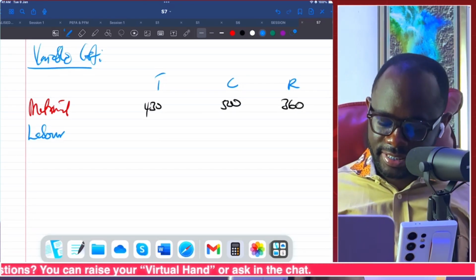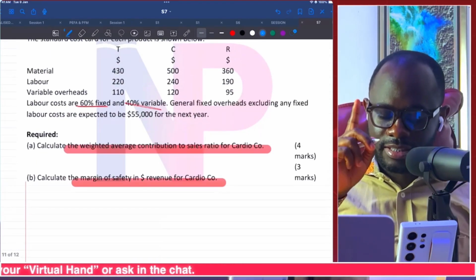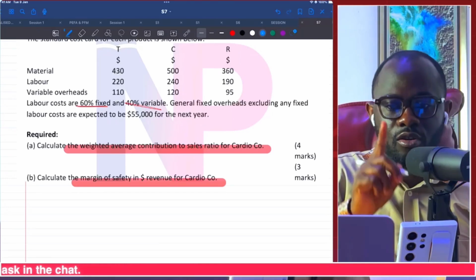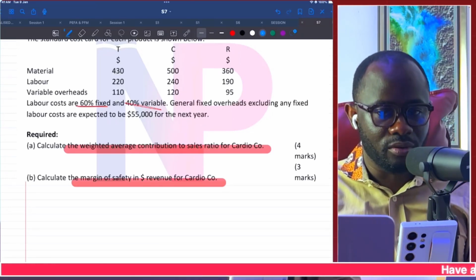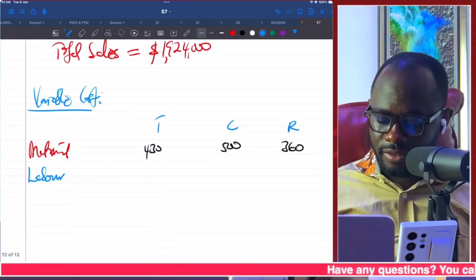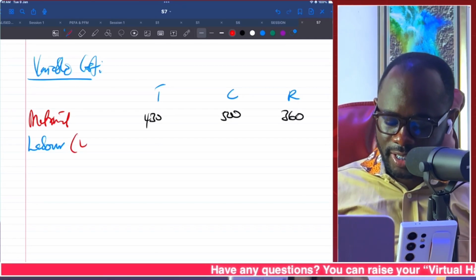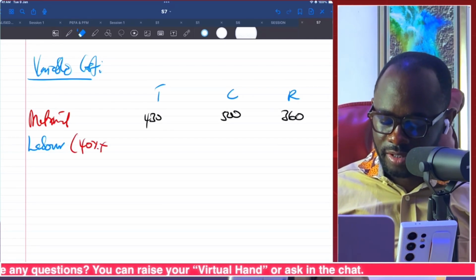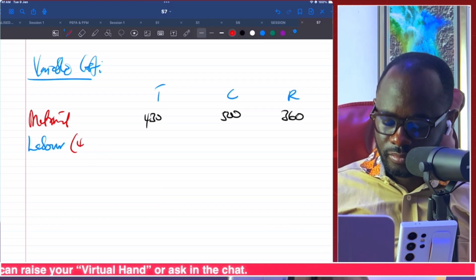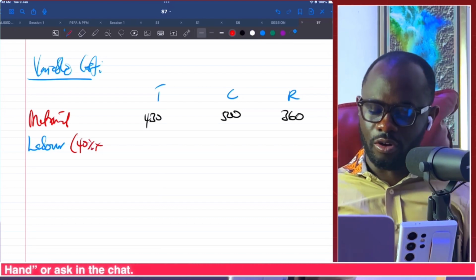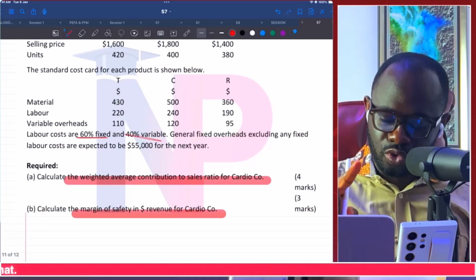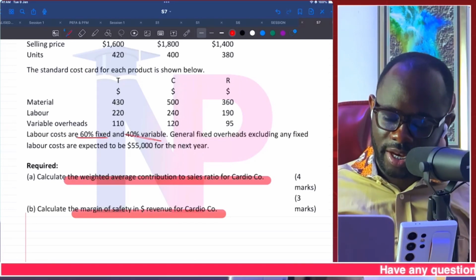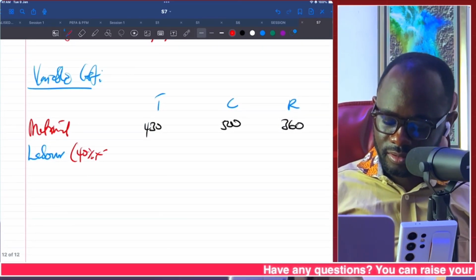Now the labor, they said 60% is fixed, 40% is variable. So we are interested in the 40% variable cost respectively. So that'll be 40% of 220, 240, 190.